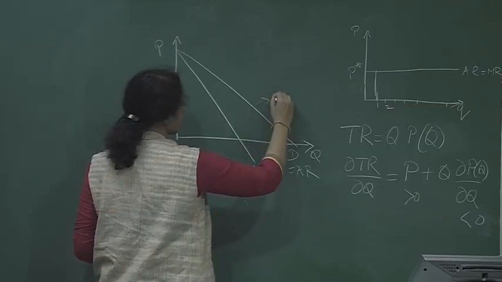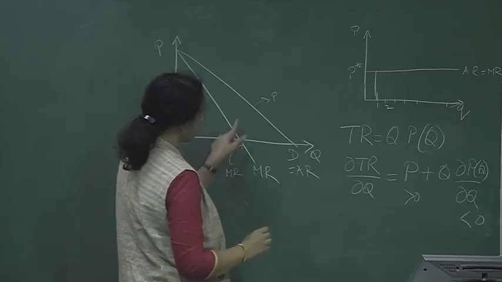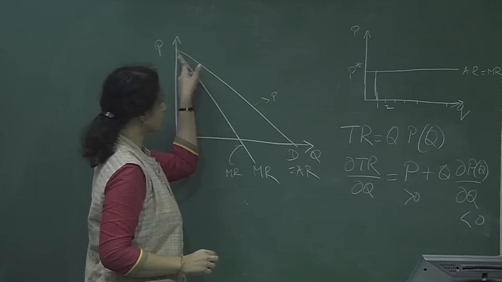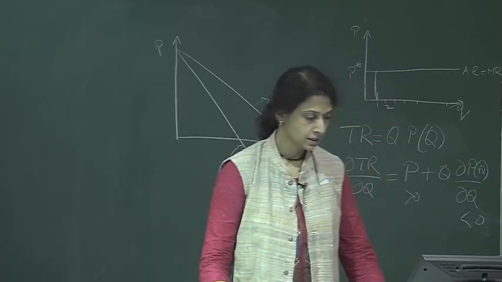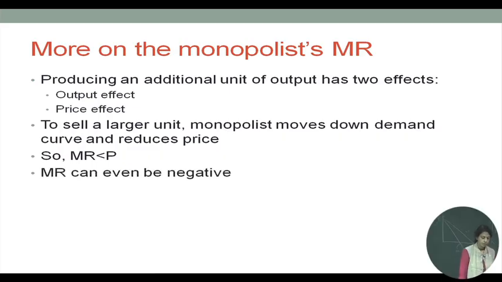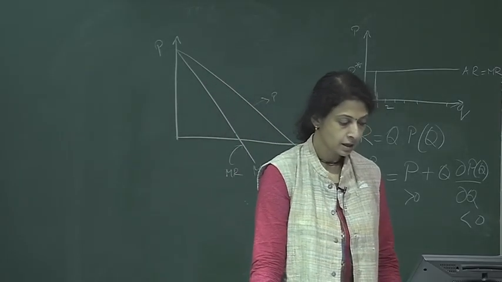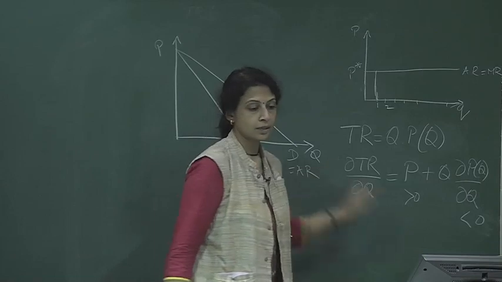So, this demand line is the price line and this is the marginal revenue line, and marginal revenue is always less than P except the first unit where P is equal to marginal revenue. So, coming back to the slides, to sell a larger unit, the monopolist moves down the demand curve and reduces price. So, marginal revenue is less than price, and it can even be negative as we move down.